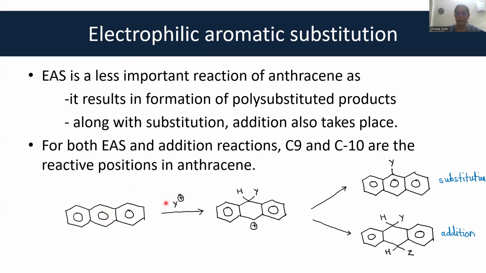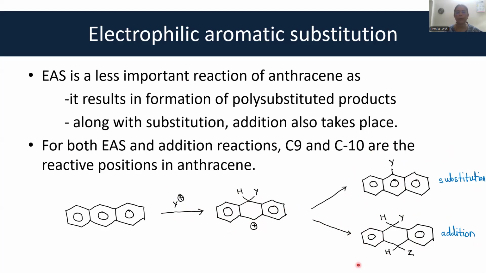We are talking about electrophilic aromatic substitution. So when electrophilic aromatic substitution occurs, it will be this intermediate that will be formed. This is the most stable of the carbocation because two rings are in benzenoid form. Then this may finally result in a substitution product, or when you add one more HZ, it may result in addition product.